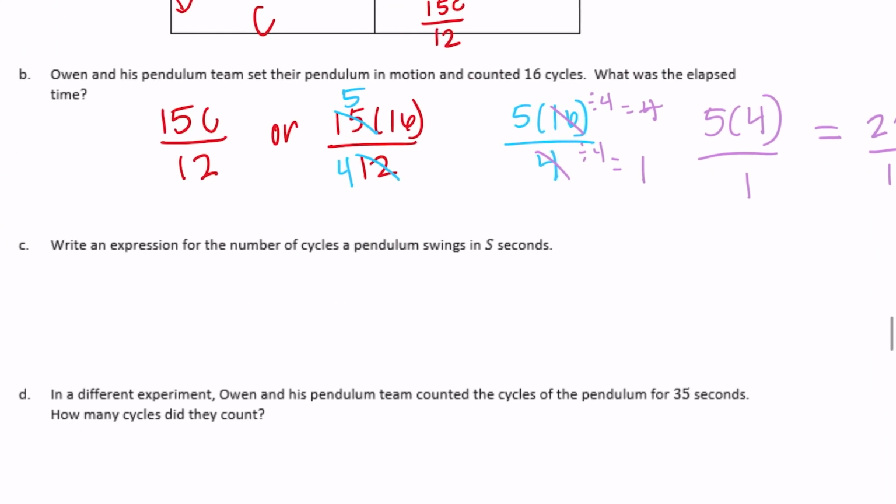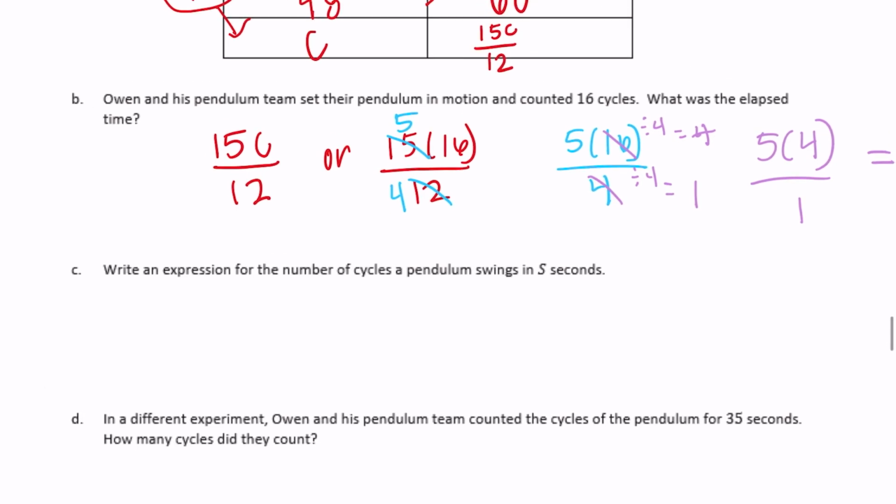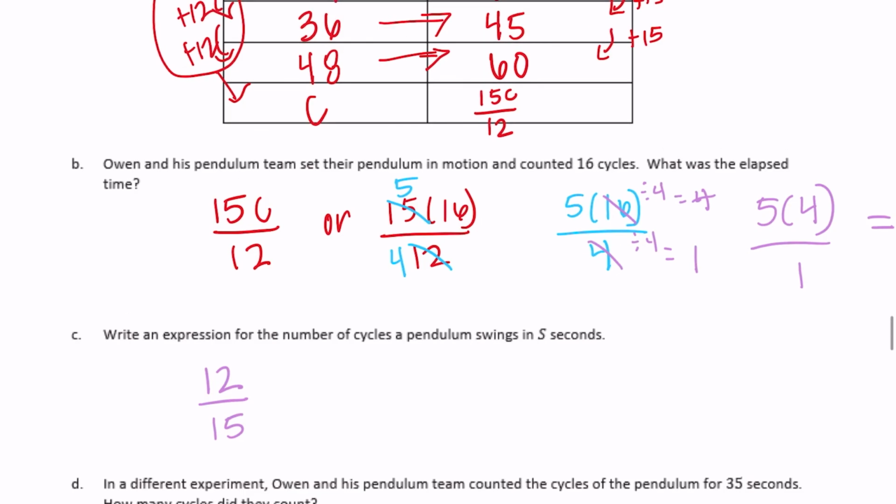Write an expression for the number of cycles a pendulum swings in S seconds. Okay, so we need to kind of work backwards. So what we could do is do 12 over 15, because that would be the number of cycles per second, right?